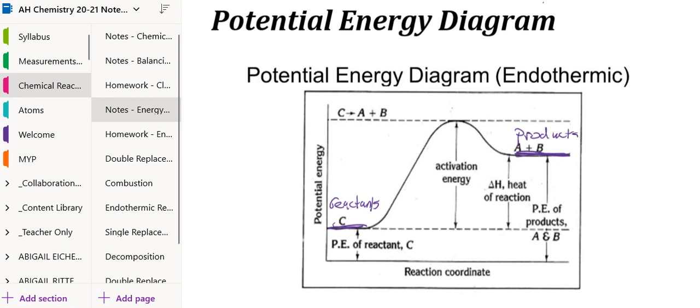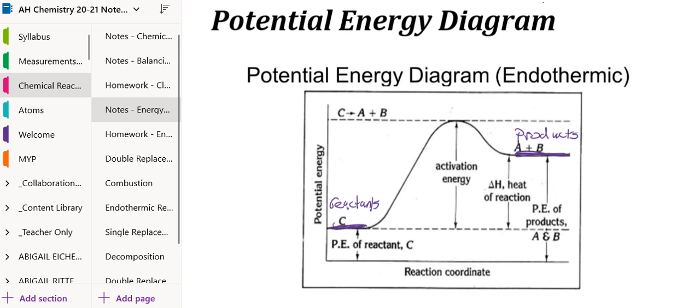Products. So if we look at this potential energy diagram, who has a higher potential energy, our reactants or our products? Products. So are our products more stable or less stable? Less stable. Products are less stable because they have higher potential energy.